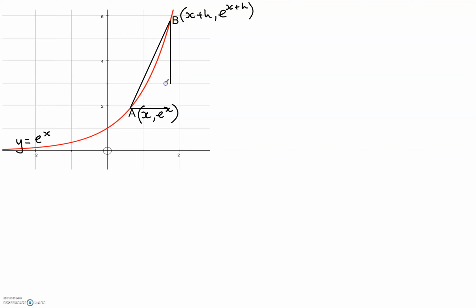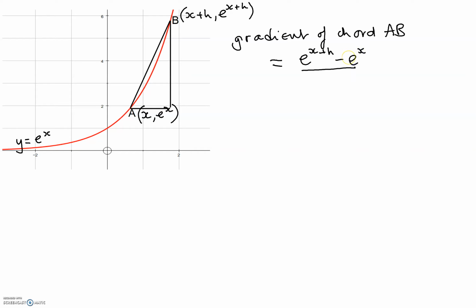So we're going to find the gradient by doing the change in y over the change in x. So the gradient of the chord AB is equal to the change in y, which is e to the x plus h minus e to the x, and that's over the change in x, which is x plus h minus x.